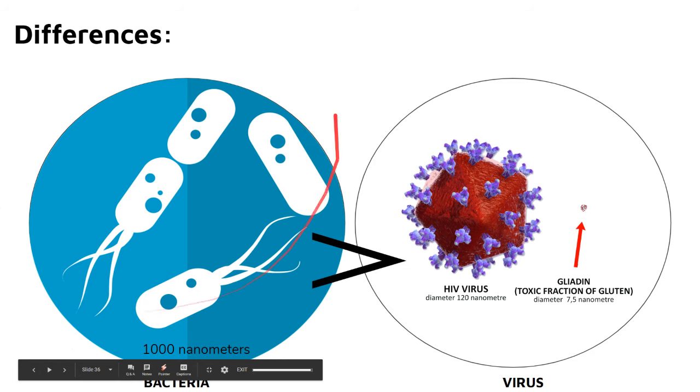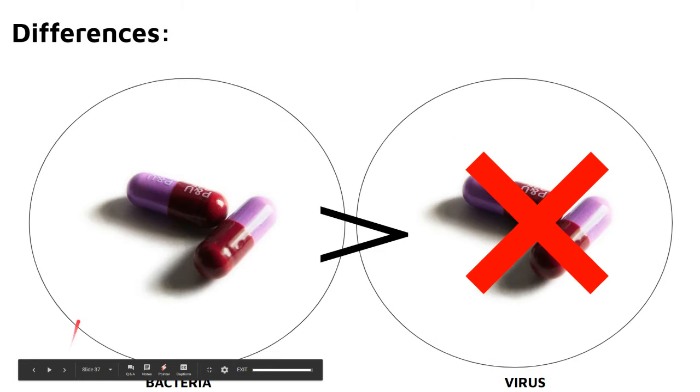The differences between bacteria and virus: bacteria are known to be bigger. Bacteria are about 1,000 nanometers, while viruses are about 120 to 200, 400. If antibiotics are used, bacteria are known to be treatable, but if we use antibiotics on virus, there will be no effect, absolutely no effect at all.